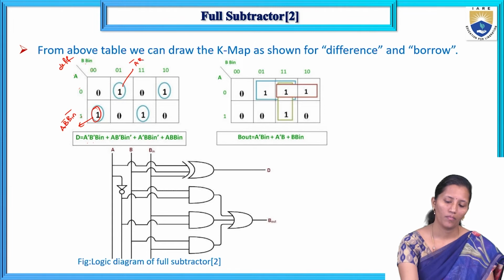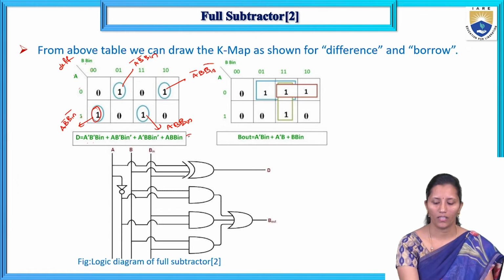Here B, B bar, 1 is B in. Okay, for this term, this is A, B, B in. All are ones. So this term we can write as A bar, B, B in bar. So write that equation, which is equal to A XOR B XOR B in.